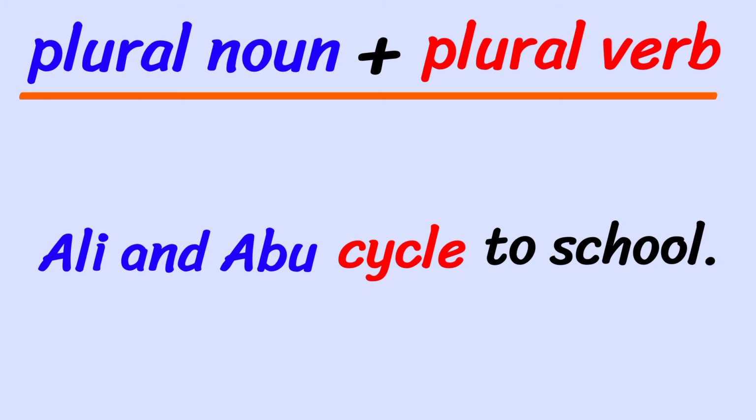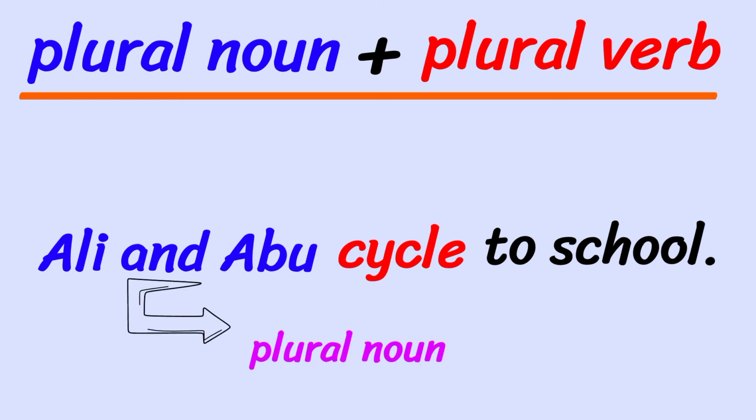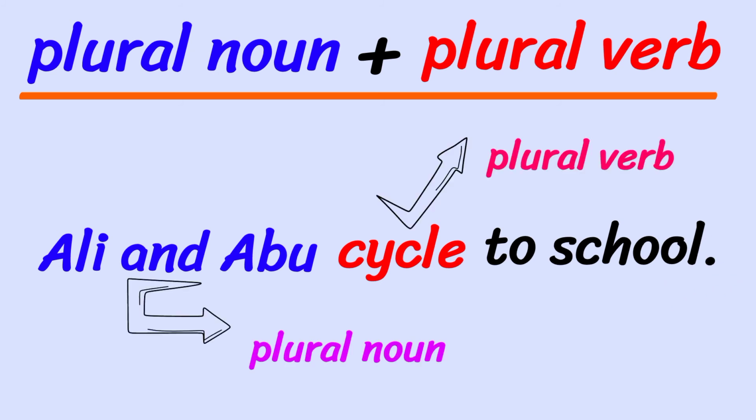Look at this sentence: Ali and Abu cycle to school. Ali and Abu is a plural noun, so we need a plural verb, which is cycle. Do you see that we did not add an S at the end of the word cycle? We have a plural noun and a plural verb in a sentence, so our subject and verb agree with each other.